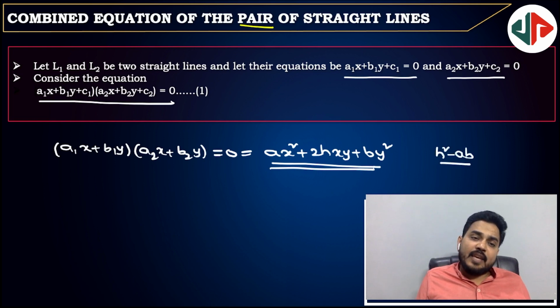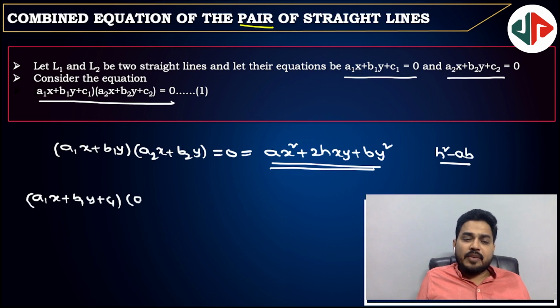And if the lines are not passing through the origin, a1x plus b1y plus c1 into a2x plus b2y plus c2 is equal to 0.